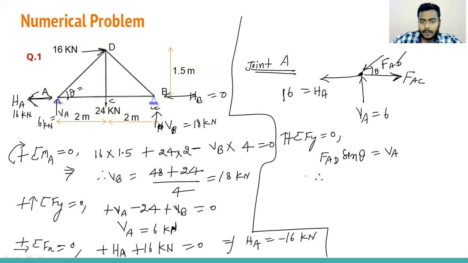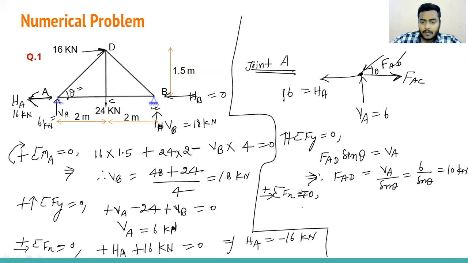So from here we can calculate FAD, VA by sine theta. So 6 divided by sine theta, you will get 10 kilonewton.